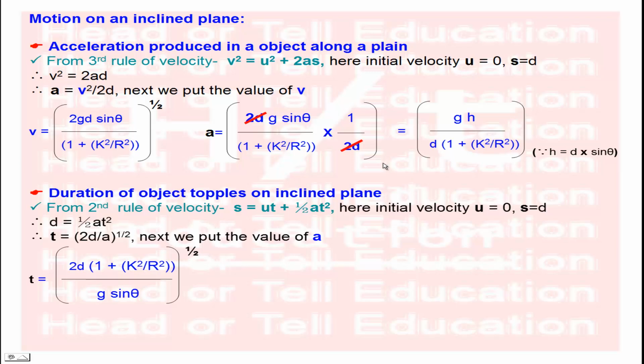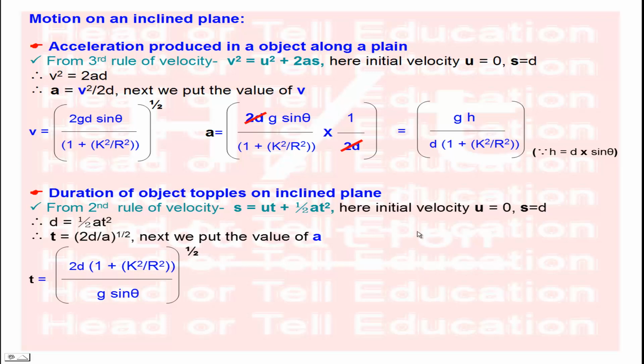So what is the duration from top to bottom of the object? We calculate this by using the second equation of motion, which is s equals ut plus half at square.